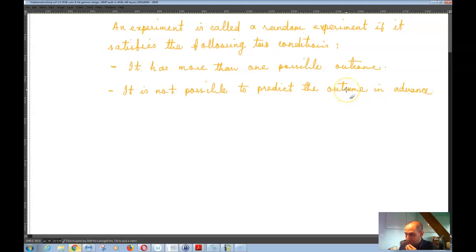In this chapter, we shall refer to a random experiment by experiment only unless stated otherwise. So from now on, when we use the word experiment, what we mean is actually a random experiment.